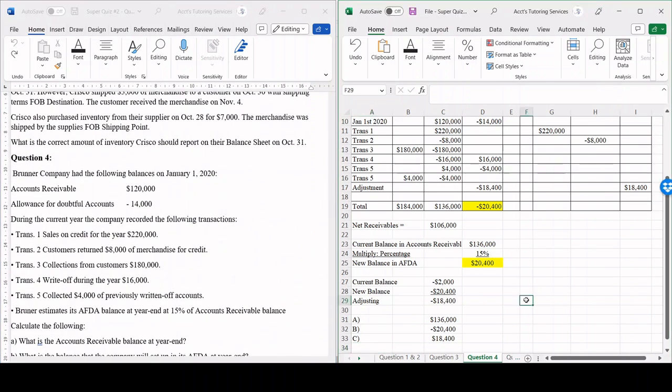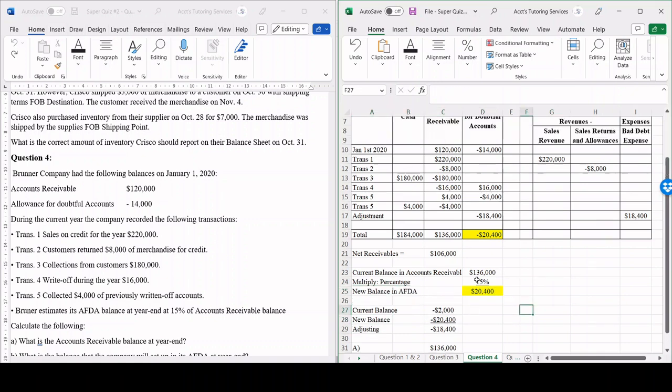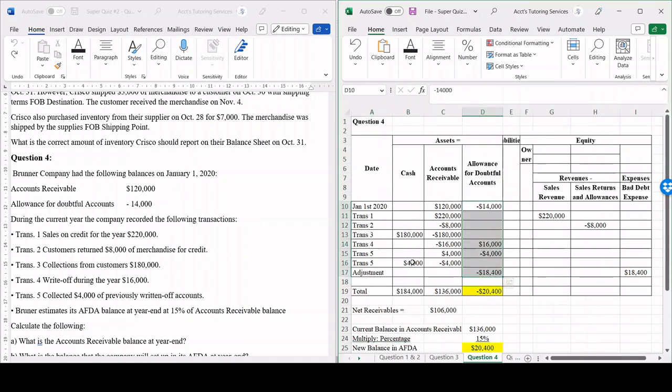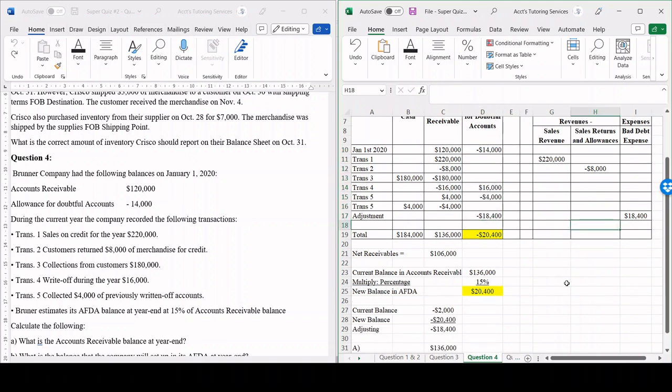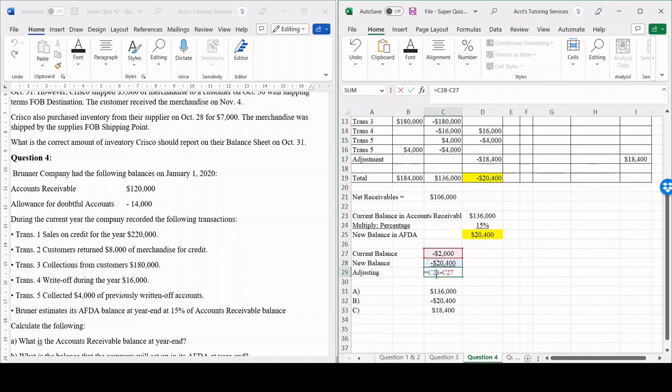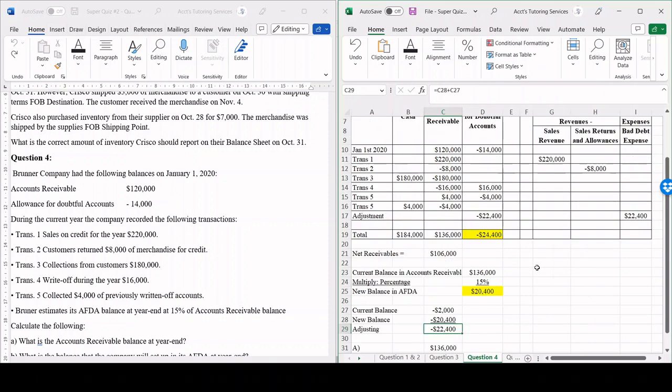Very important question. It can get confusing. The biggest confusion lies in the new balance in AFDA and how to arrive at the difference. But remember, you can double check your work. One of the common mistakes students make is they will add instead, right? When they add, they arrive at 2,400 for the adjustment.